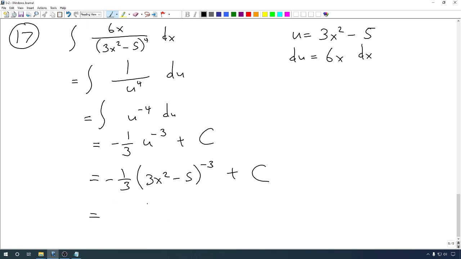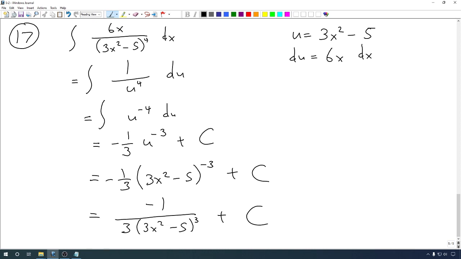So I can write this as negative 1 over 3 times 3x squared minus 5 cubed. Of course, this last step isn't really necessary most of the time if you're just okay with it being a negative power.